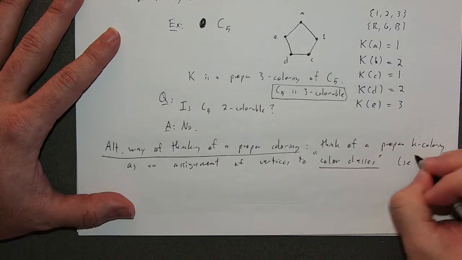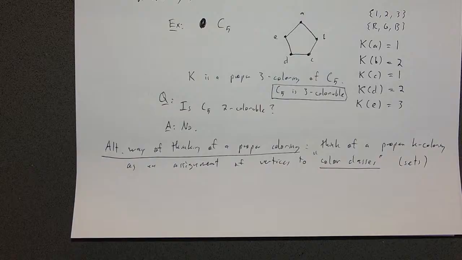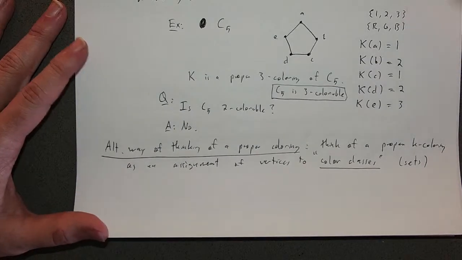These are sets of vertices with the same color. So the color classes would be, you know, red, green, and blue, or the color 1, color 2, color 3.